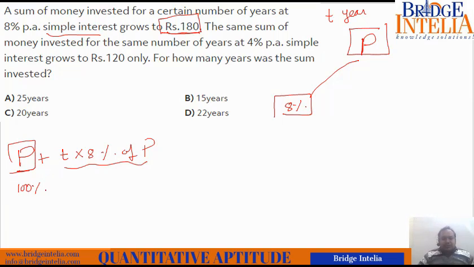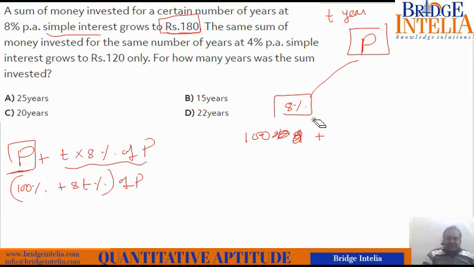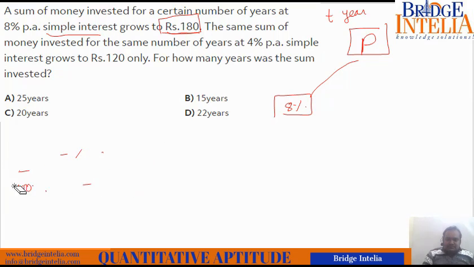So 100% you deposited plus 8T% the bank is giving to you of P. So this is what you deposited in the bank, 100%.